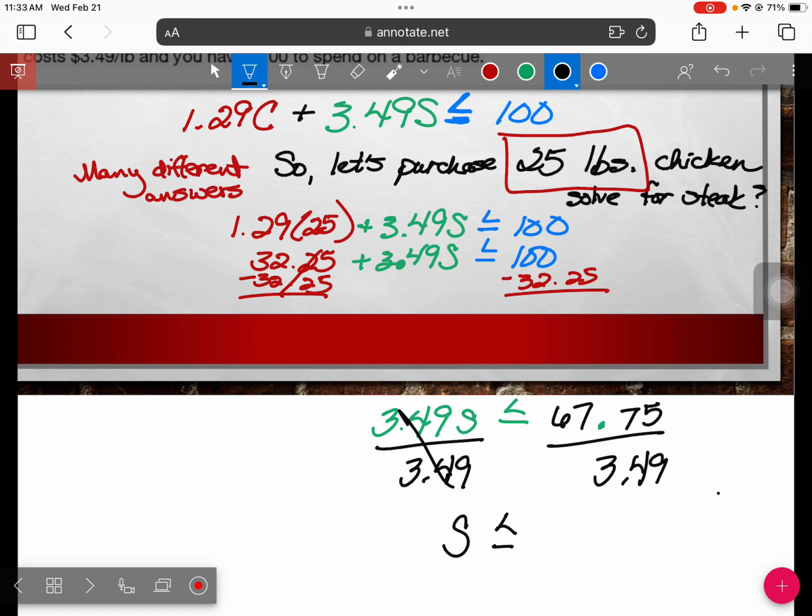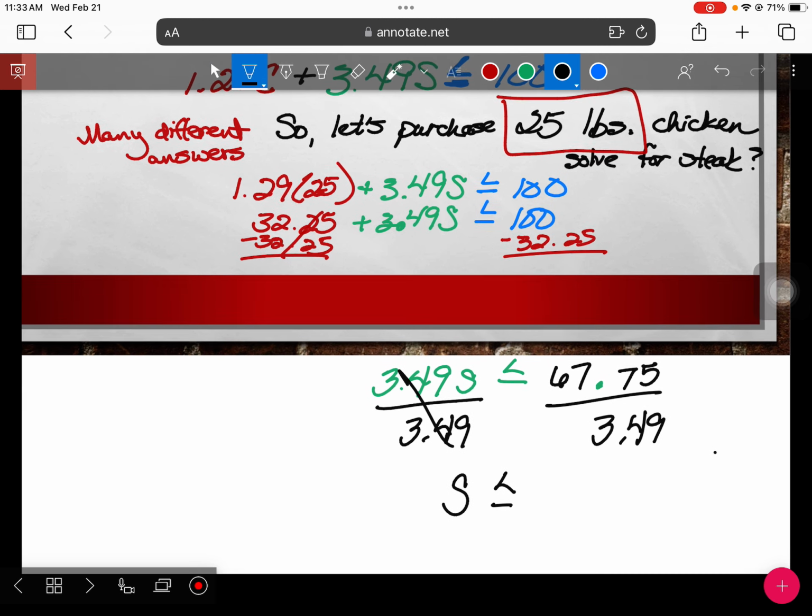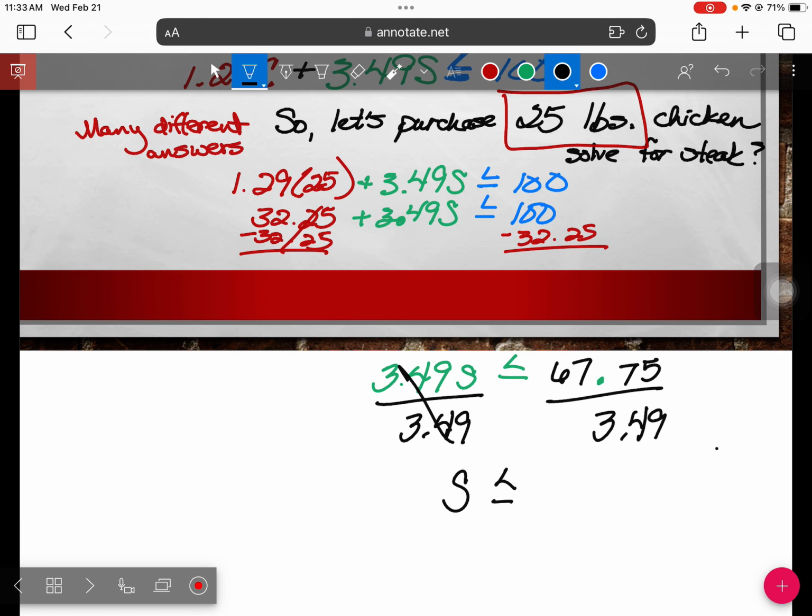Subtract that from 100. You get 3.49 is the price of the steak times the amount of steak is less than or equal to 67.75. Is that right? Divide by 349. Do I need to switch my inequalities? No, that's only when you multiply or divide by a negative.